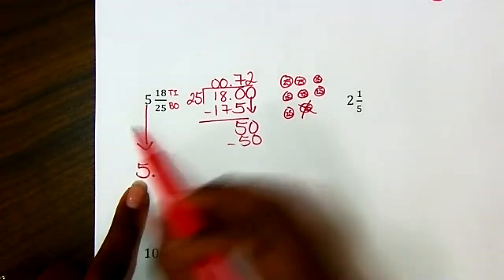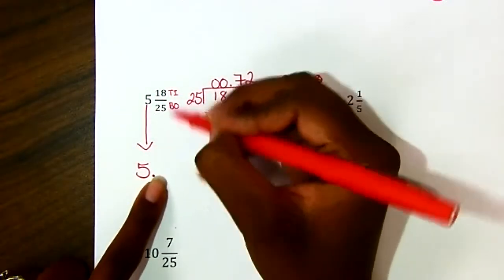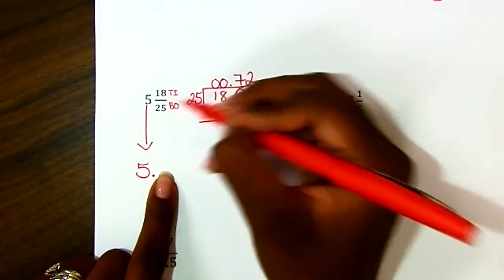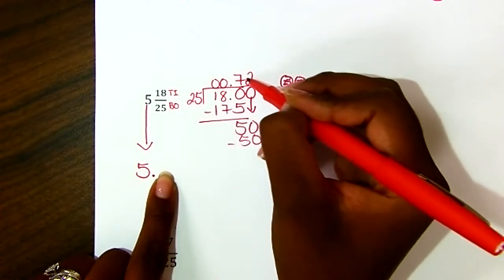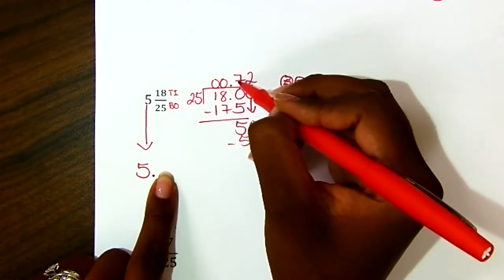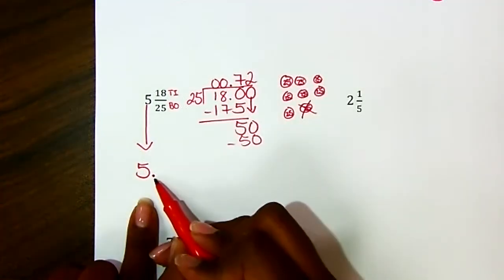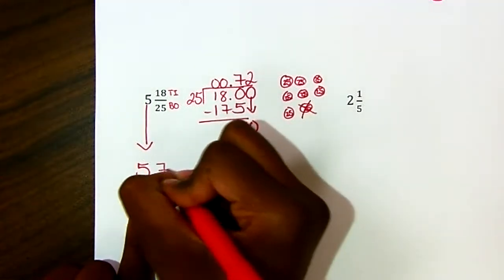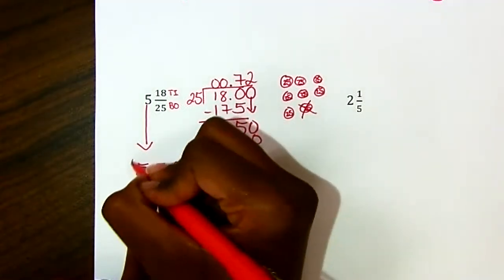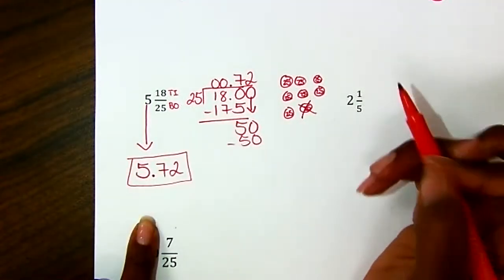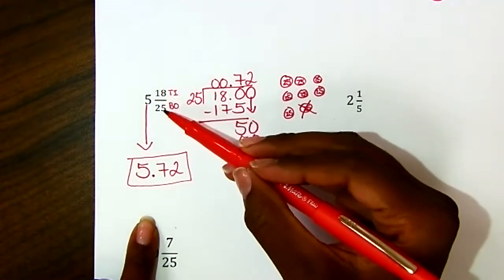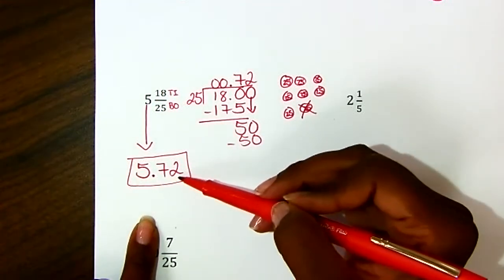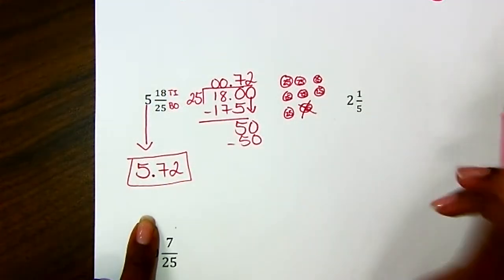I just brought it down. But I still need the 18/25 as a decimal. So here's my decimal, and then I'm going to put a 7 and a 2. So 5 and 18/25 is equivalent to 5.72, or 72 hundredths.